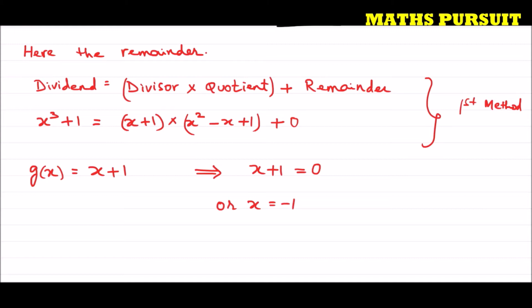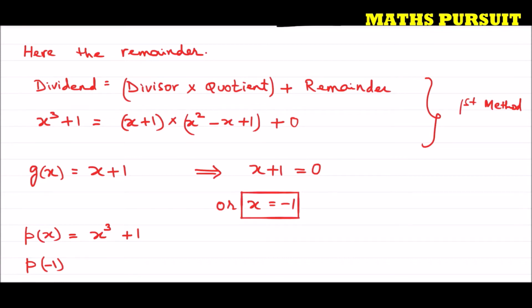Putting the value of x in the original polynomial, that is p(x) is equal to x to the power 3 plus 1. If we consider p at minus 1, because we got the zero of the divisor as minus 1.